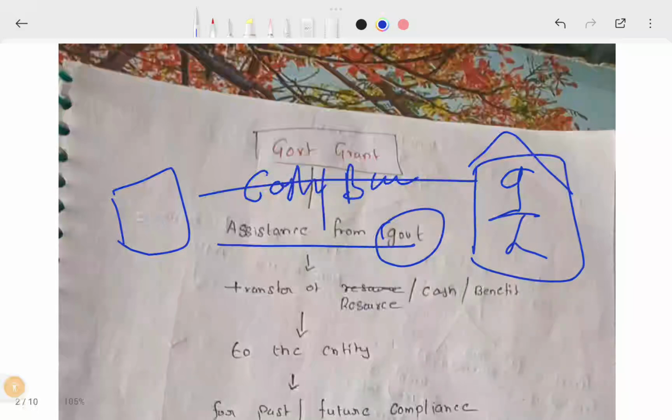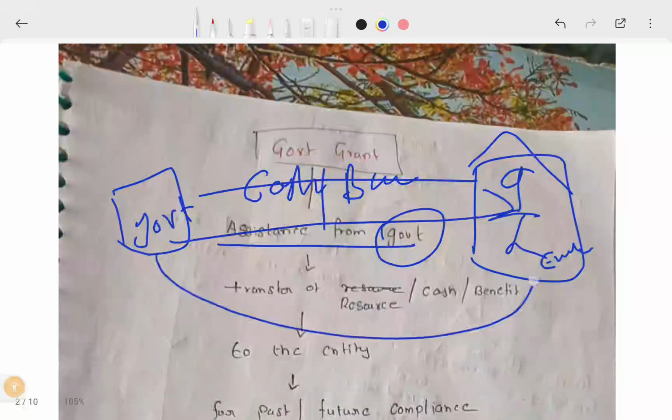It should be transferred from the government entity to you, either directly or indirectly. So the entity has to receive some assistance from the government, either in cash, benefit or resource. Say, for example, they give you plant and machinery, PPE, to handle. This is how it is.